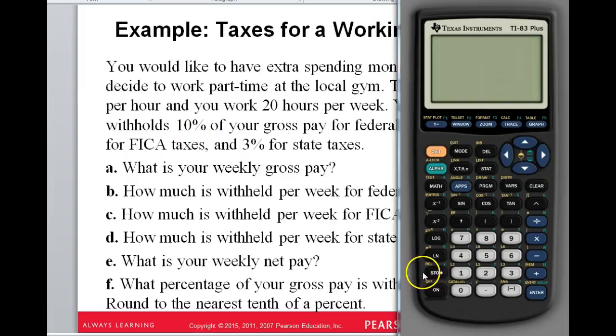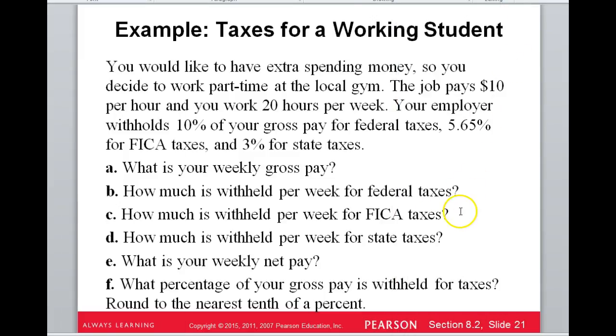Again, I can do that with a calculator. 10% as a decimal of 200. Remember, of, when we're dealing with percents, means times, so 10% times 200 is 20 bucks. So 20 of that $200 is being held for the federal taxes. How much is held for the federal programs, the FICA taxes?